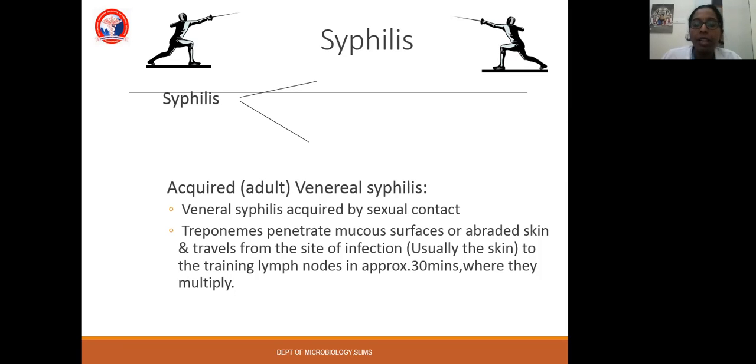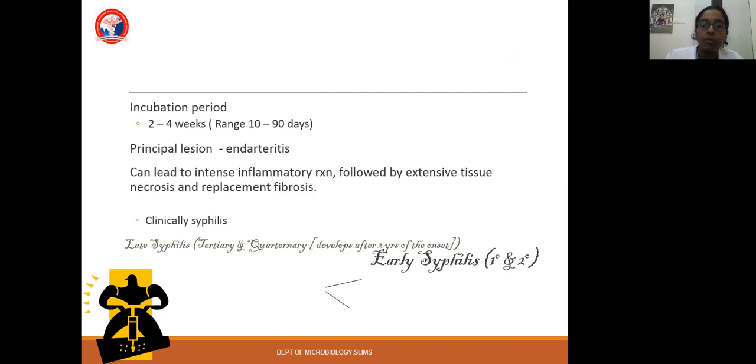Then they drain into the lymph nodes. The incubation period is about 9 to 90 days; it takes a longer period of incubation. The other lesion that follows is endarteritis, and there can be extensive inflammation and necrosis of the tissues.